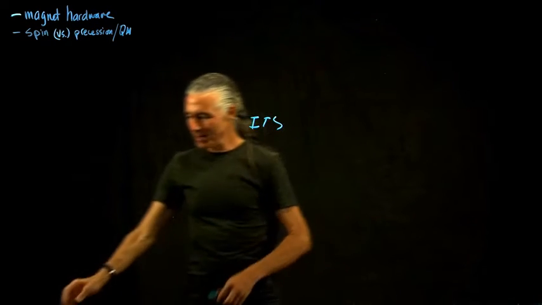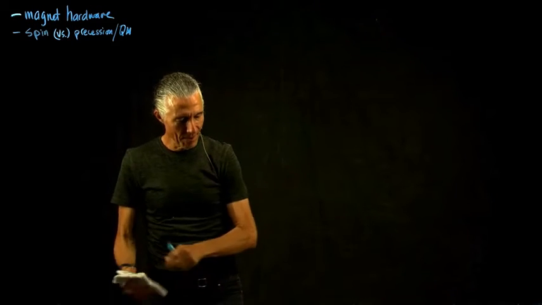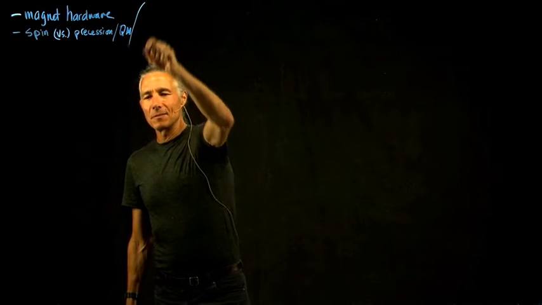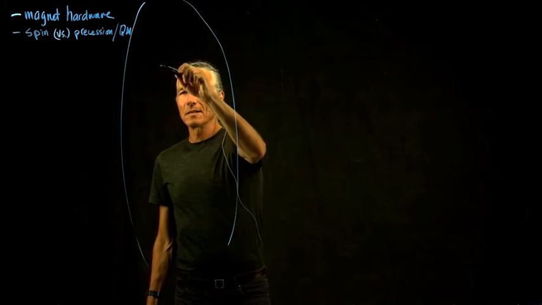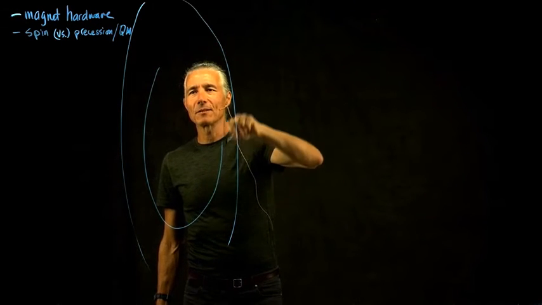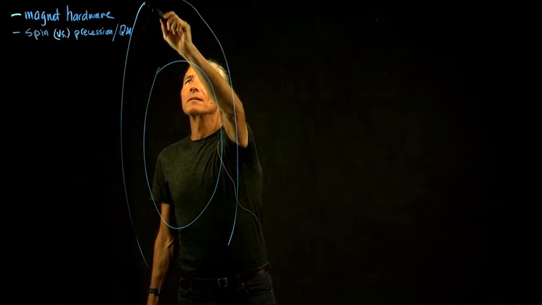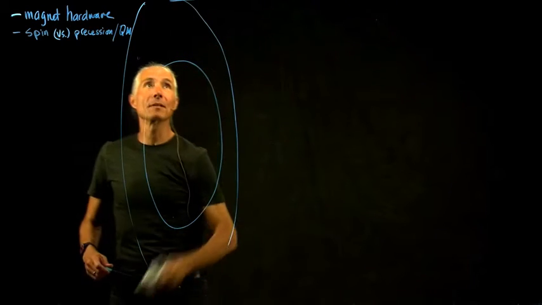So first the magnet. It's a really big magnet, so I'll draw a really big magnet. I need a lot of space. So here's the bore of the magnet, and there's the magnet going through the top, a little bit too high.